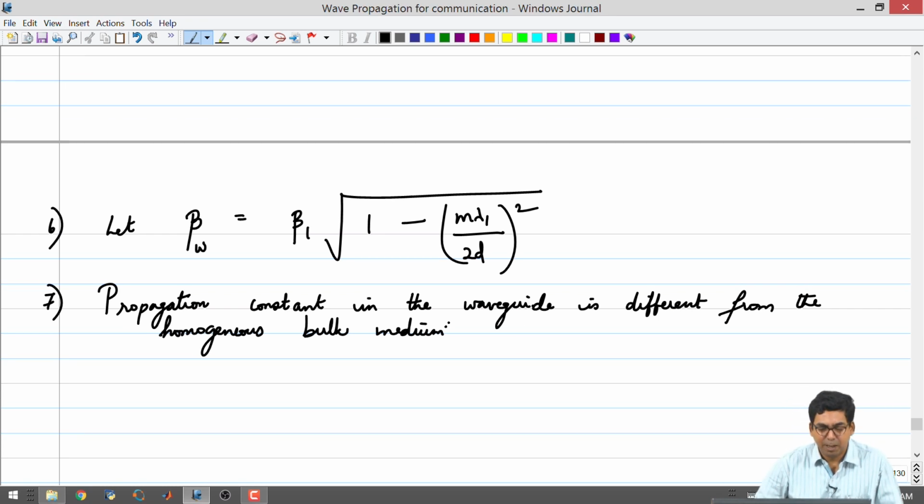It is definitely different. Beta w is not equal to beta 1. It could be if you choose m equal to 0, or d equal to infinity. That is, the second plate is not even placed, so it reduces to a single plate configuration.